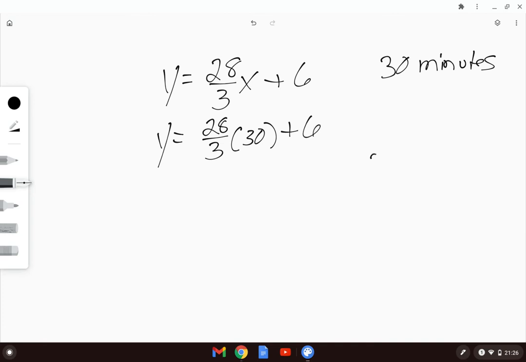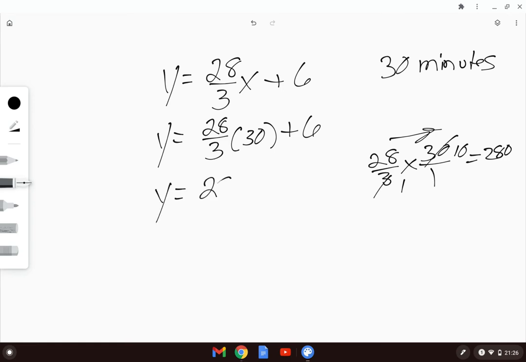So again, if I come over here and do 28 thirds times 30, I can cross multiply that 3 away, and I'm left with 28 times 10, which equals 280. So y is going to equal 280 plus 6. So y equals 286.